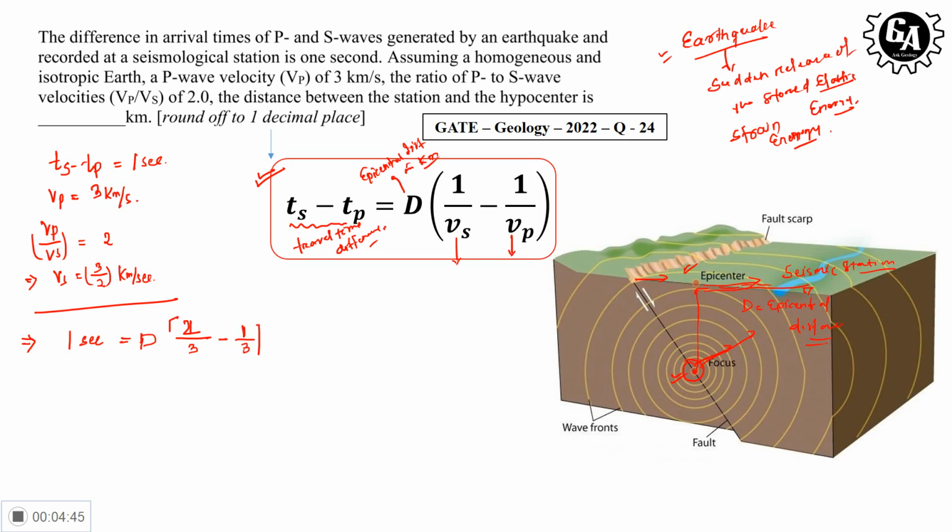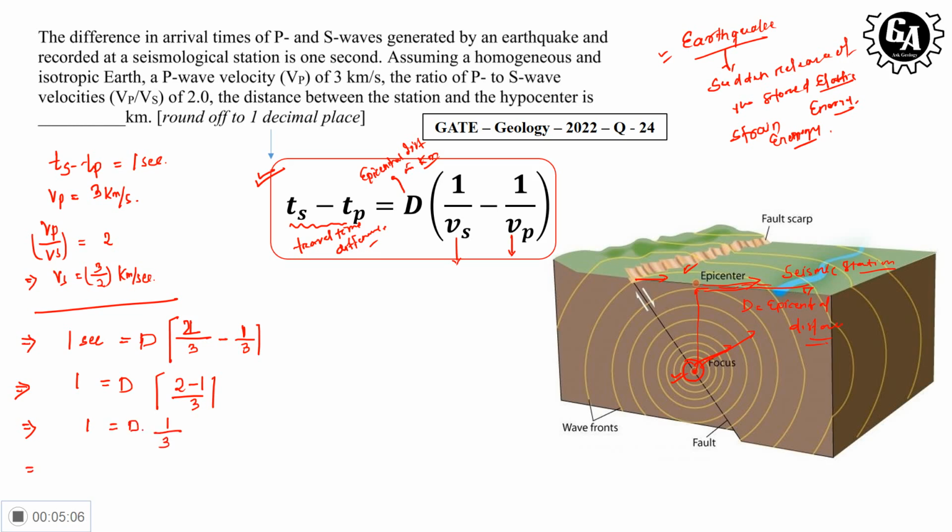So simply we have to simplify this. That implies 1 second is equal to D into, taking the calculation, 2 minus 1 divided by 3, so 1 is equal to D into 1 by 3.